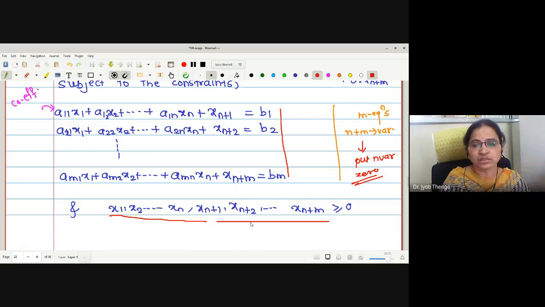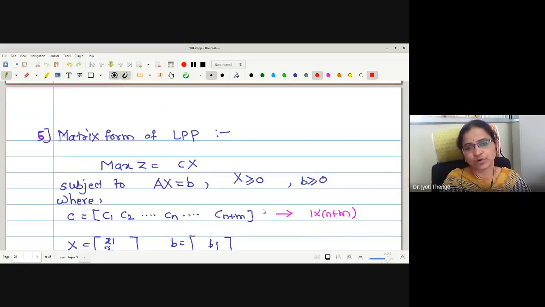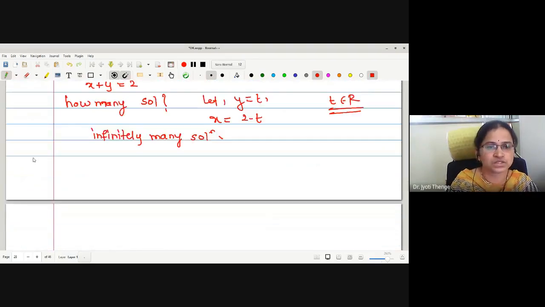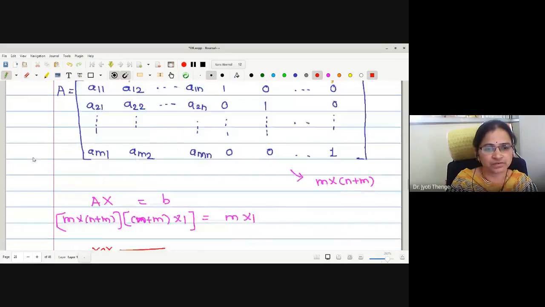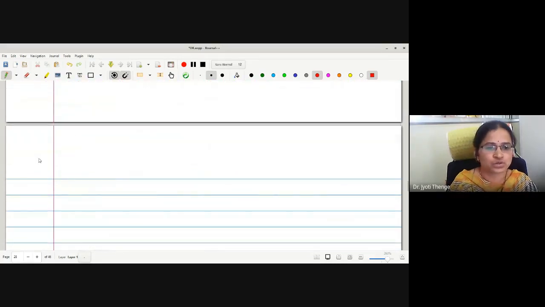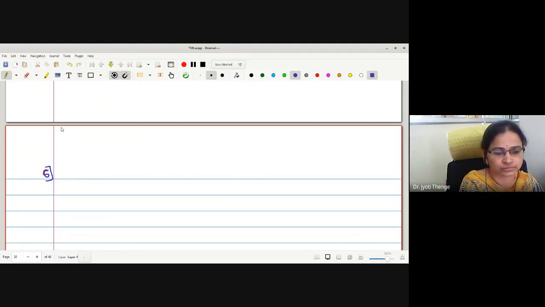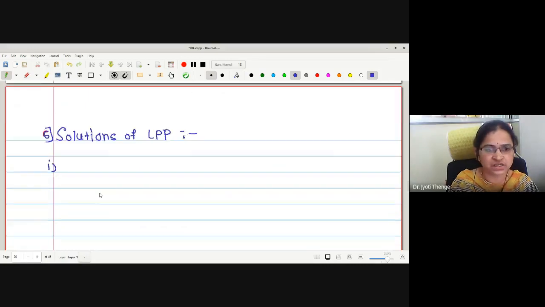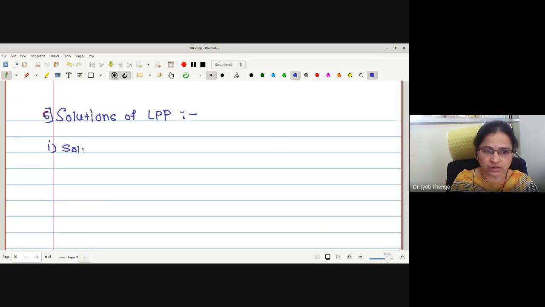Now we'll come to the third point, the basic solution, but before that we will write the definitions we have discussed just now. Five I have written. Now let me write six. Some important definitions regarding solutions of a linear programming problem. What is the first thing we have discussed? Solution to LPP.